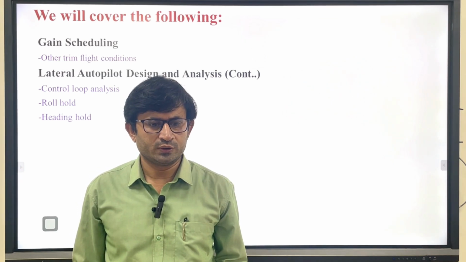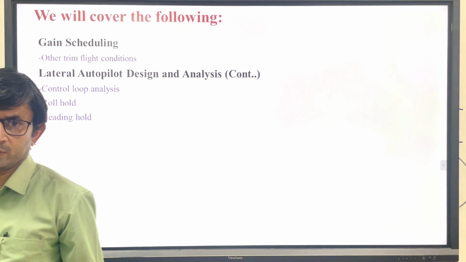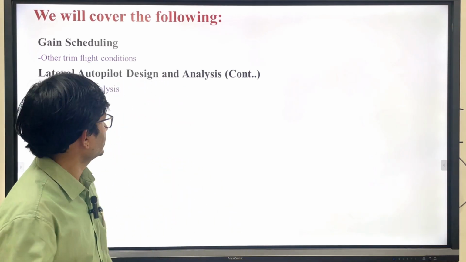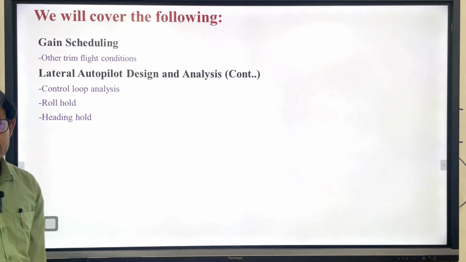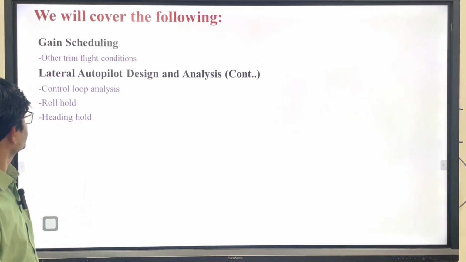If the plant becomes more non-linear, then very tight scheduling is required, that means dynamic pressure based gain scheduling. The same gain scheduling we have done in this case also.